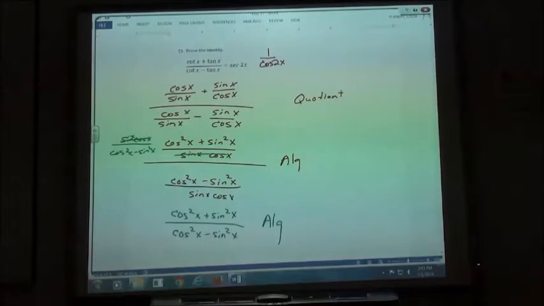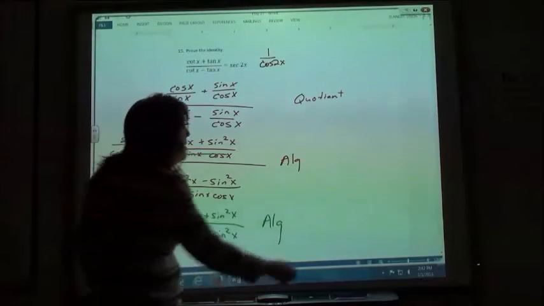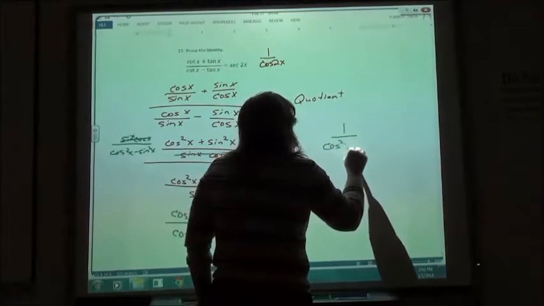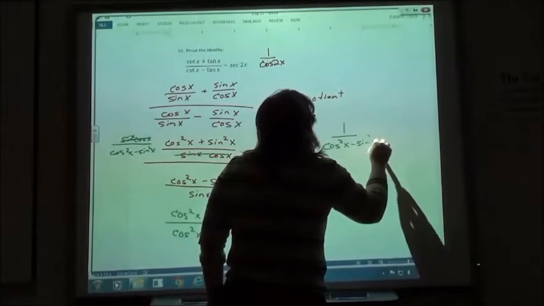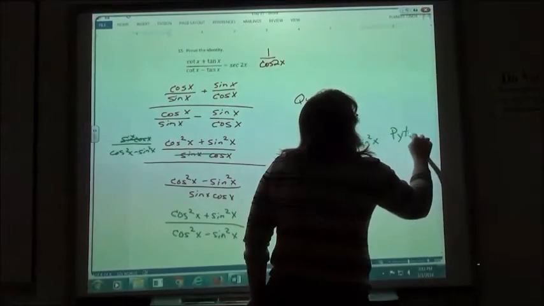Looking at my Pythagorean identities, cosine squared plus sine squared, or sine squared plus cosine squared, is equal to 1. So I can put 1 in there. I'm going to have 1 over cosine squared of x minus sine squared of x. That was using my Pythagorean.